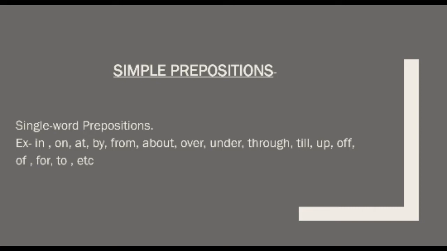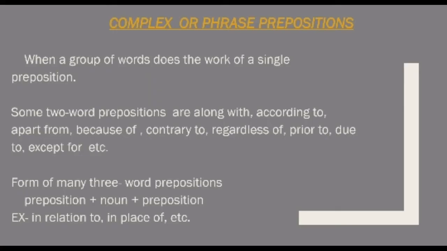Now the next kind is complex or phrase prepositions. As the word suggests, complex means very complicated. When a group of words does the work of a single preposition, that is, prepositions that consist of more than one word, they are complex prepositions. जो prepositions में more than one word होते हैं, those prepositions are complex prepositions.